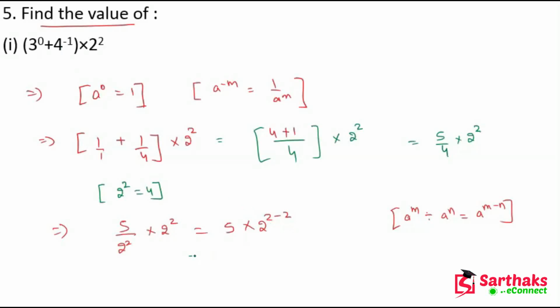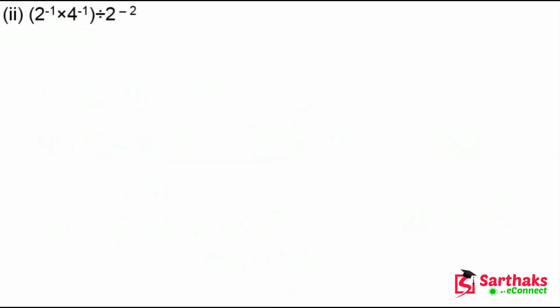So this is equal to 5 into 2 raised to power 0. This is 1, so this will become 5 into 1, which is equal to 5. So this is the answer.